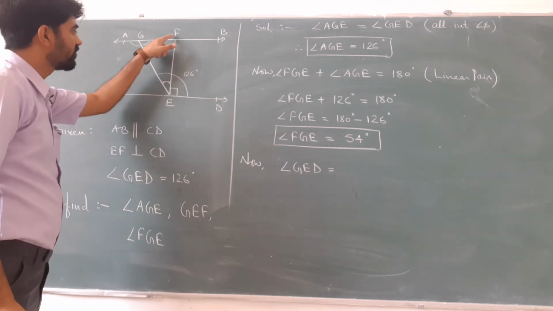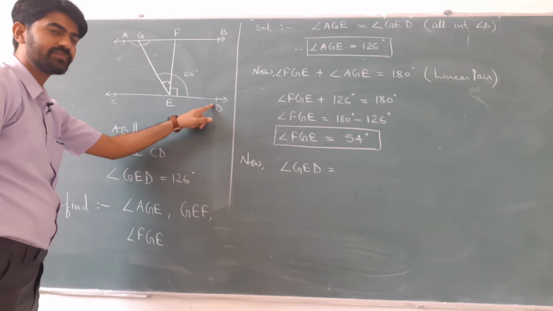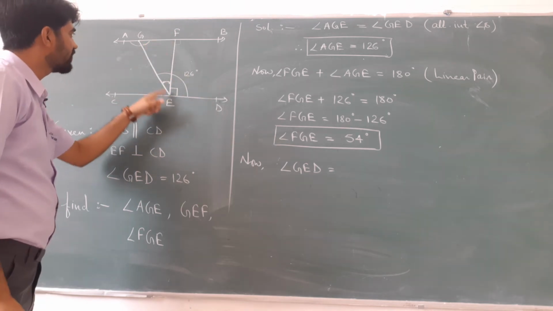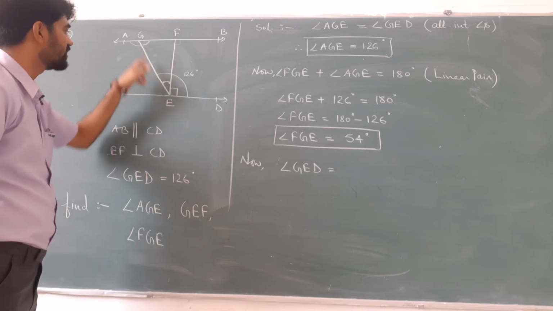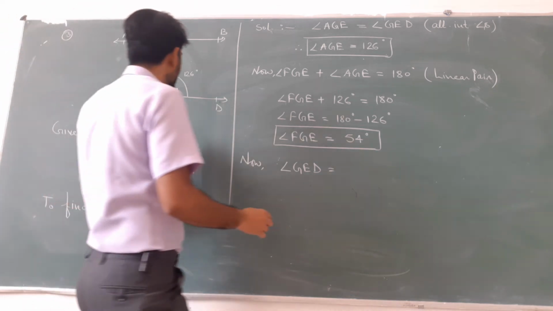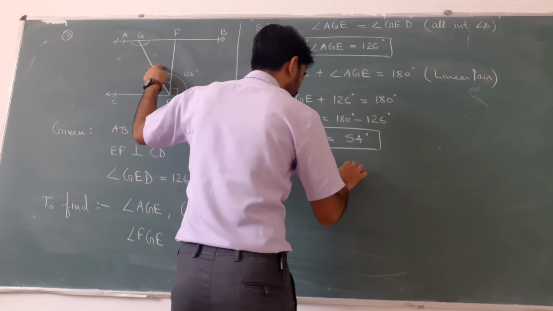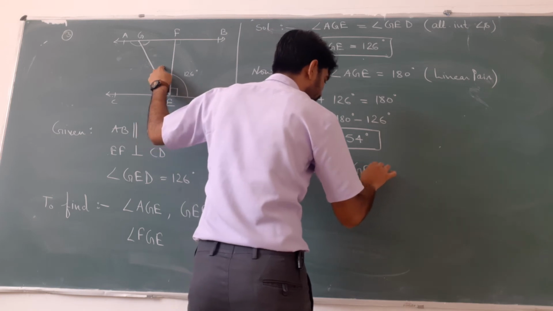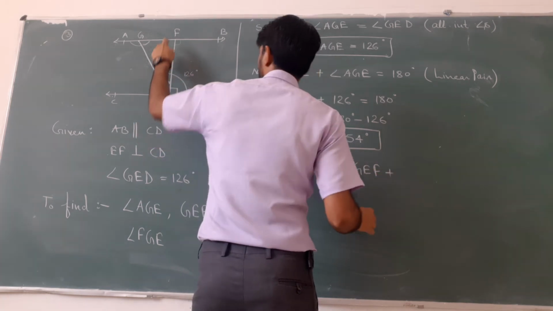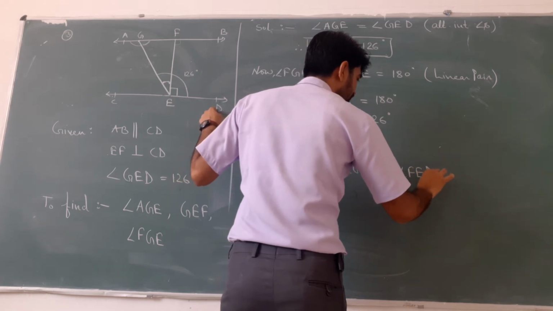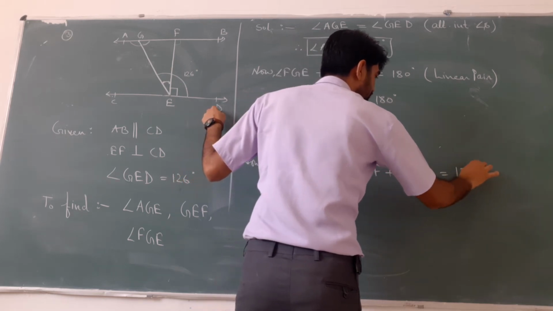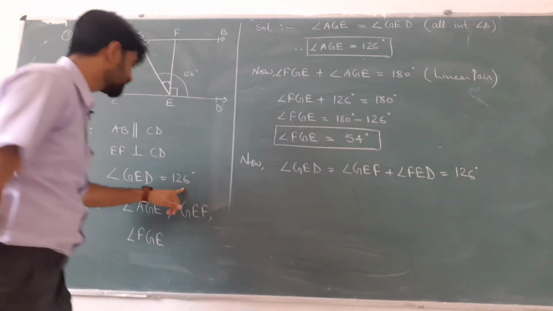It is the sum of FED plus FEG, this one GEF or FEG. So I can write this angle to be equal to angle GEF plus angle FED, and it is equal to 126 degrees. It is already given here.